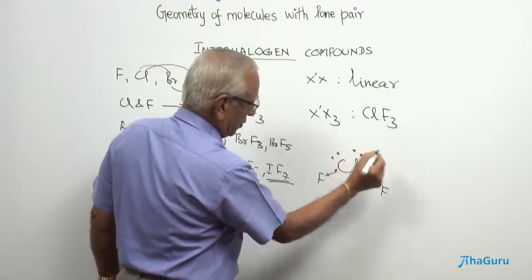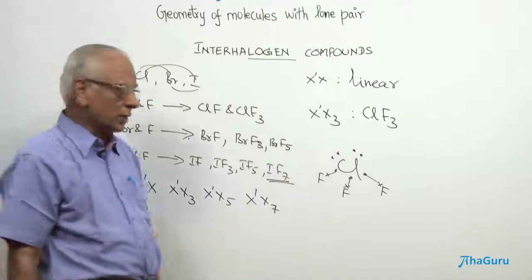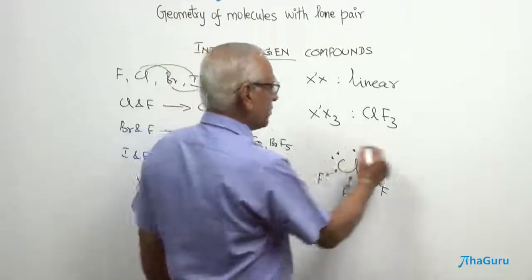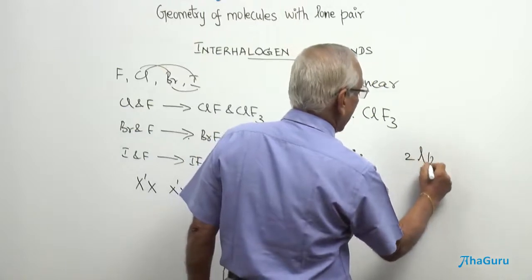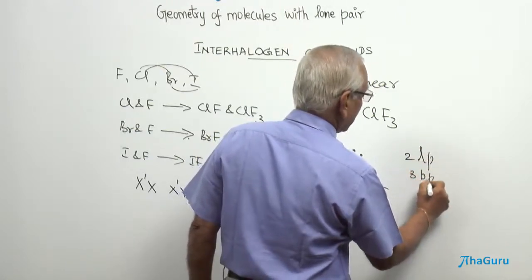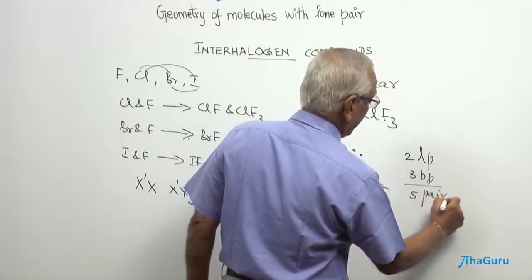The other 2 pairs of electrons, 4 electrons, are going to remain as lone pairs here. Therefore, this molecule has 2 lone pairs and 3 bond pairs. Therefore, it is going to be 5 pairs of electrons.